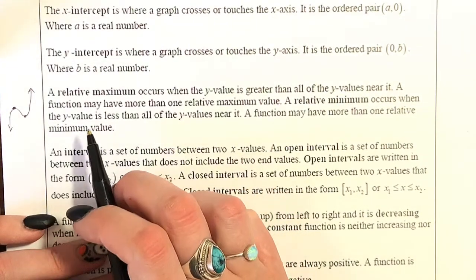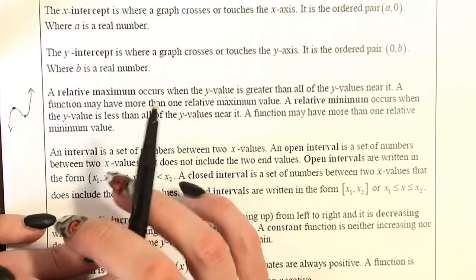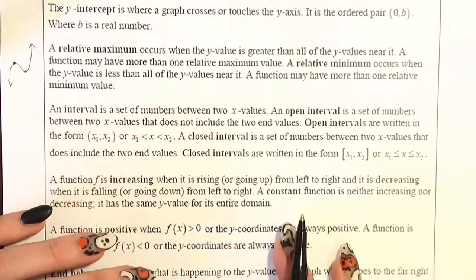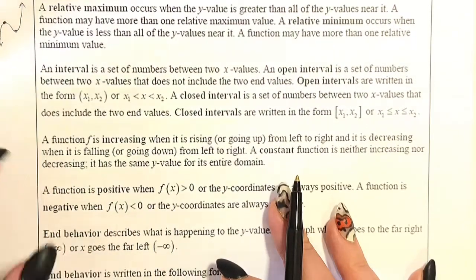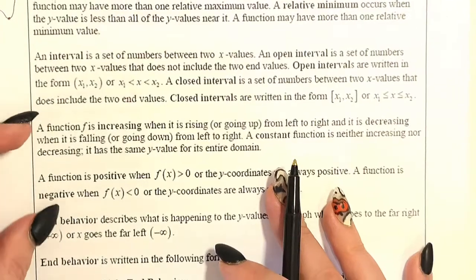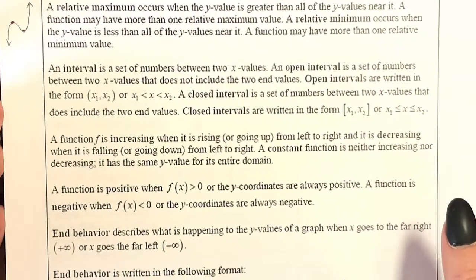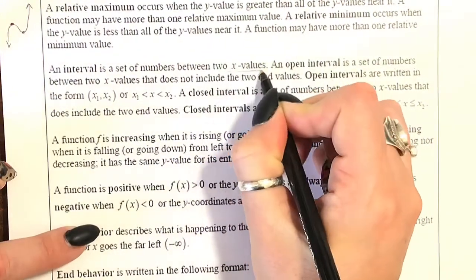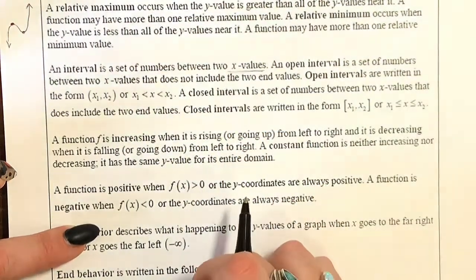So some functions might not have a max or min, or they might have more than one, depending if they have a few of these little swoops going on. So the next thing we're going to talk about are two different things that use interval notation. We mentioned interval notation a little bit in the last lesson, but an interval is, again, a set of numbers, and we always use x values for your interval, not y's.